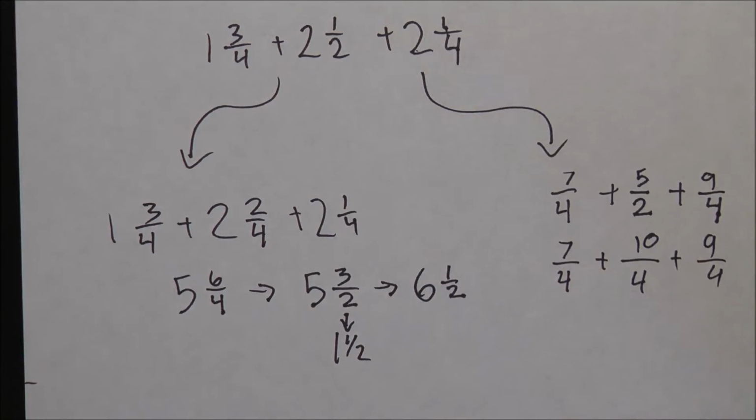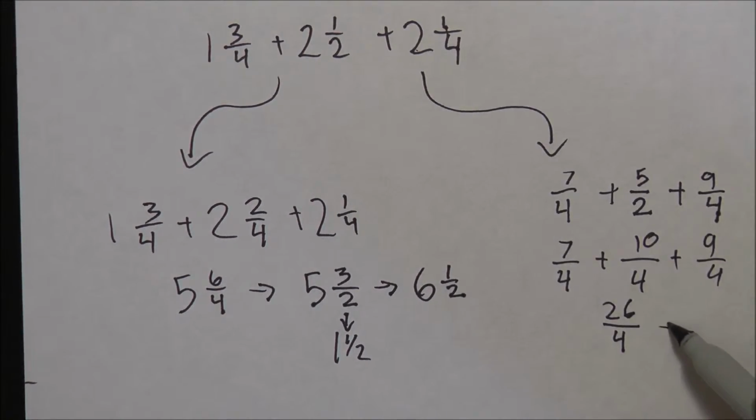Now we have to add all of them. So if you do add all of them, it will equal 7 plus 10 is 17, plus 9 is 26 over 4. Now, 26 over 4, how many 4s can go into 26? Well, 6 4s can go into 26.